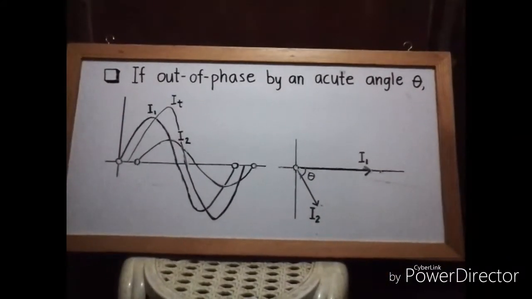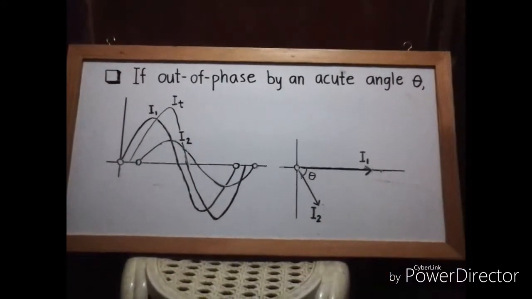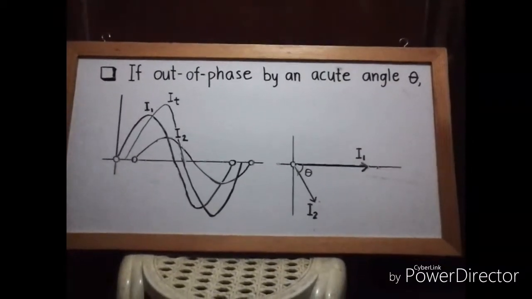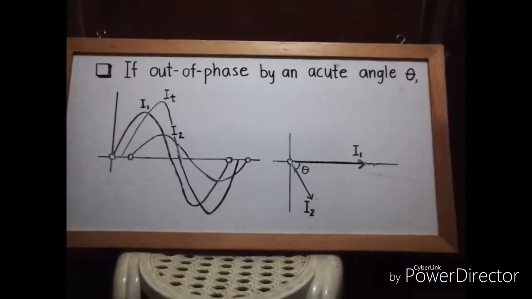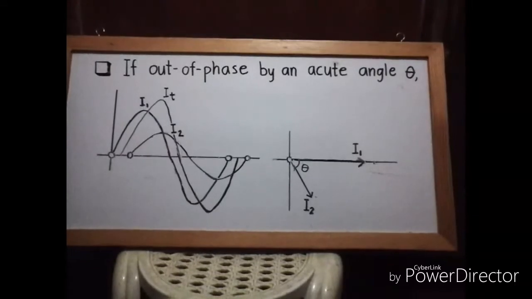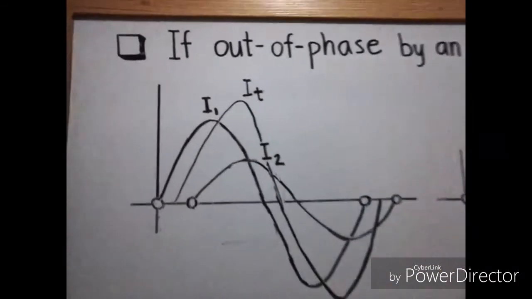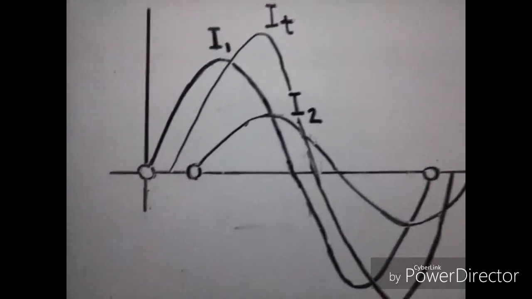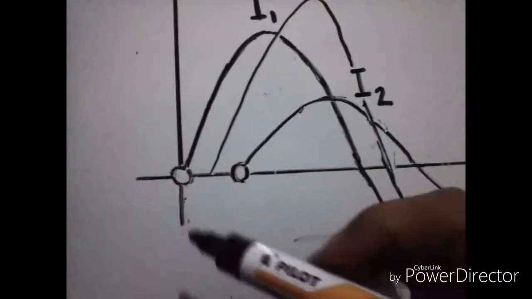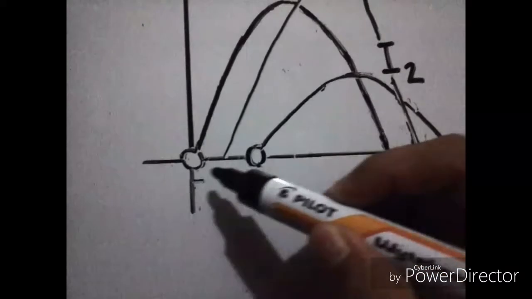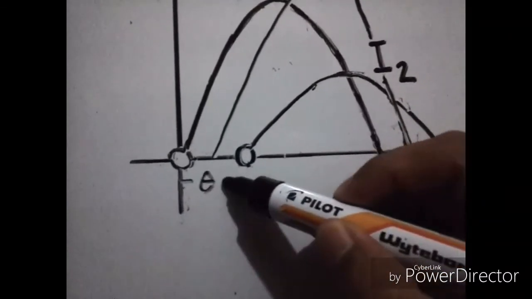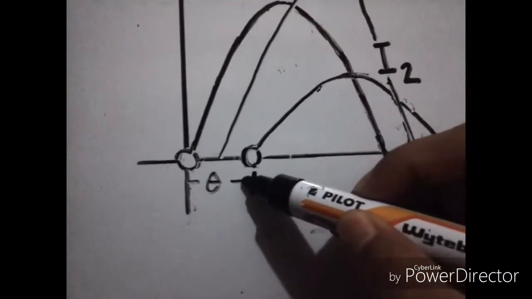Another scenario that we will cover is when the two sinusoids or alternating waves are out of phase with each other by an acute angle theta. Here we have I1 and I2. I2 lags I1 by a certain acute angle theta.